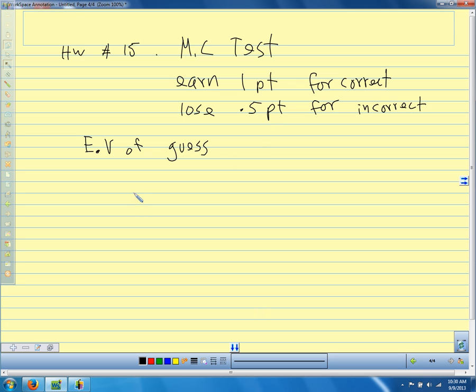So the expected value of our guess is our probability times our value. What's the probability of guessing the correct answer if there are 4 choices? What's the probability of a correct guess? 0.25, 1/4.